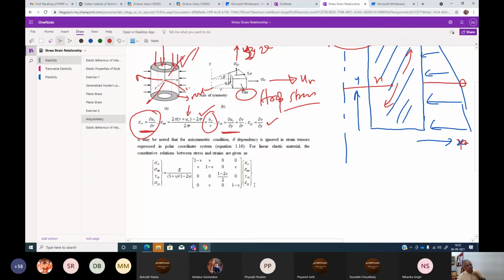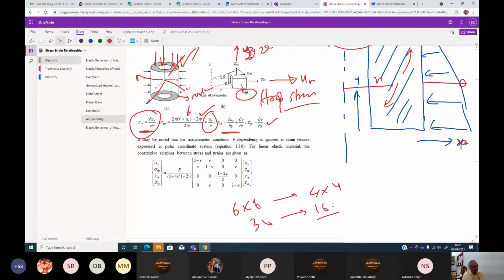By reducing one dimension, the calculation becomes very simplified. You can see a 6 by 6 matrix becomes 4 by 4, so 36 becomes 16. So the huge computational burden is gone by reducing this one dimension.